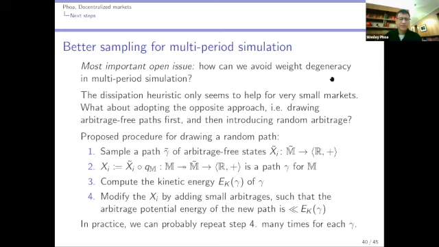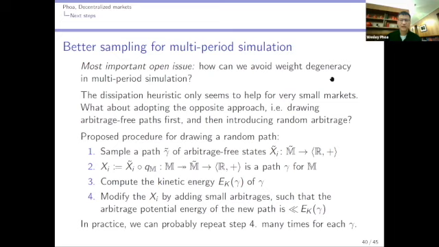So maybe another thing you should do is do it the other way around: actually draw arbitrage-free paths first, and then introduce arbitrage into them in some kind of random way. That's a better way to sample, and you can draw more from the typical set that way.